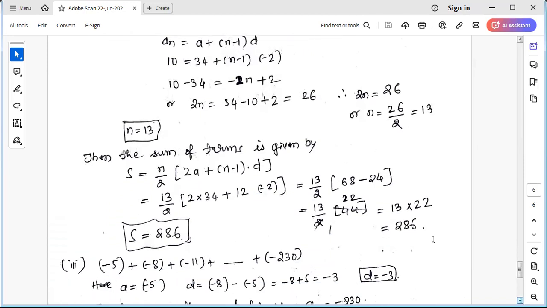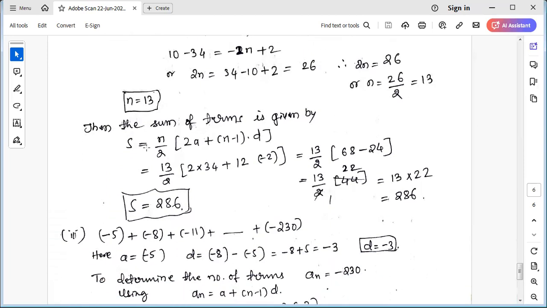Next, we go for the sum. The sum s is equal to n by 2 into 2a plus n minus 1 into d. Put all the values. n is 13 and 2a is 34 plus n minus 1 is 12 into minus 2. So this is equal to 13 by 2 into 34 into 2 is 68, minus 12 into 2 is 24.